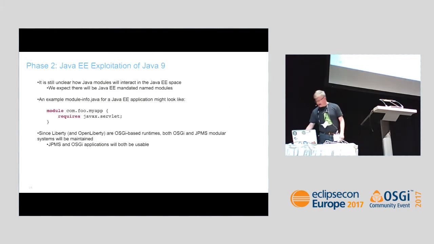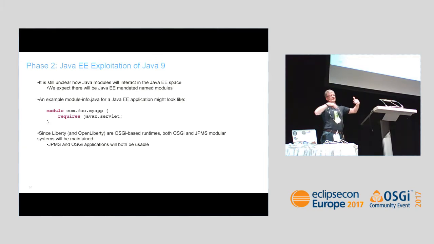Okay, so this next section is kind of iffy, because Java EE, if you've been paying attention, is going through a major transformation. We're moving Java EE into the open source environment and specifically into the Eclipse Foundation. So we don't really know exactly what we're going to be doing with modules with Java EE.